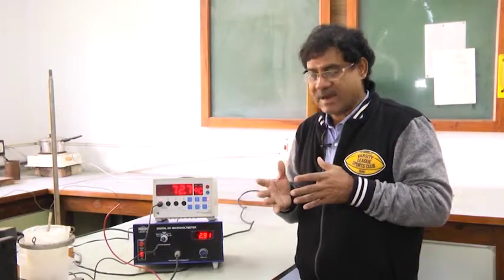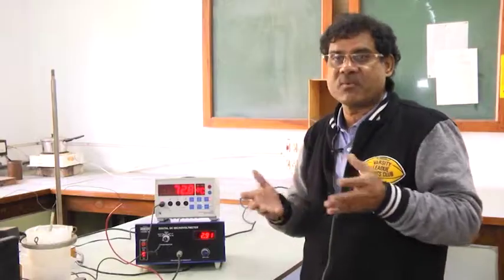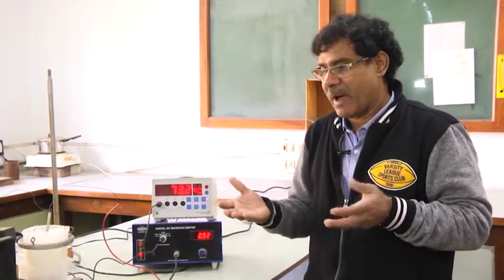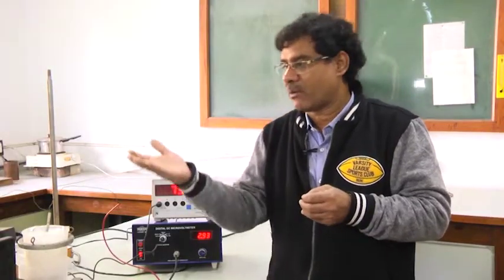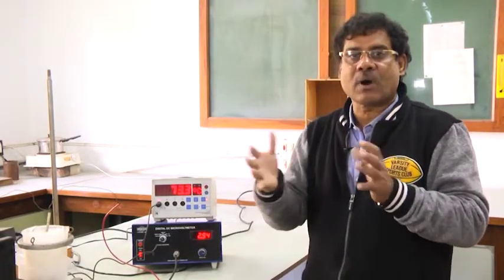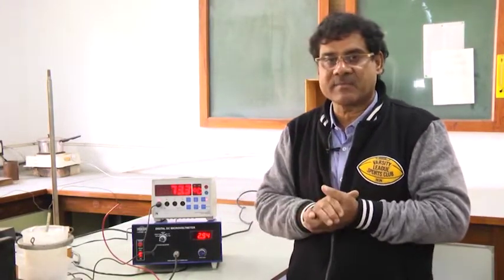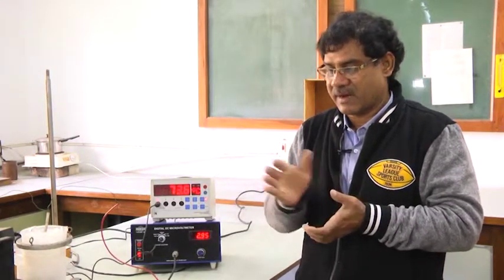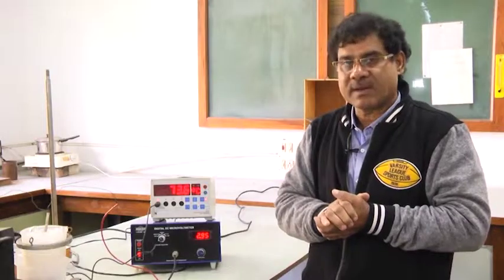Okay. So this is a very simple experiment, but technologically a very important experiment, because this mercury thermometer is used in very few places. It can measure the temperature from ice temperature to say boiled water temperature. Okay. So 0 to 100, in this range you can use this mercury thermometer.